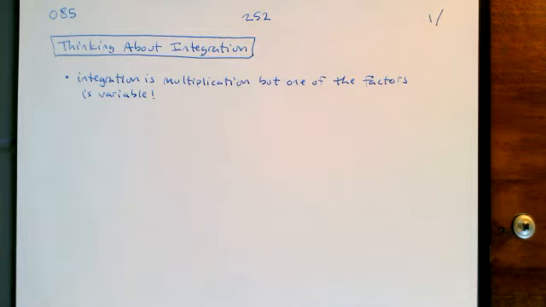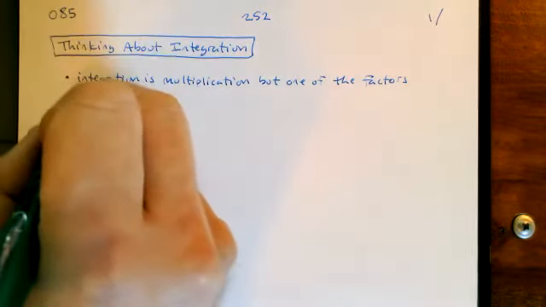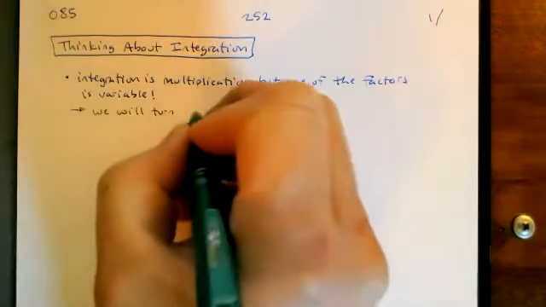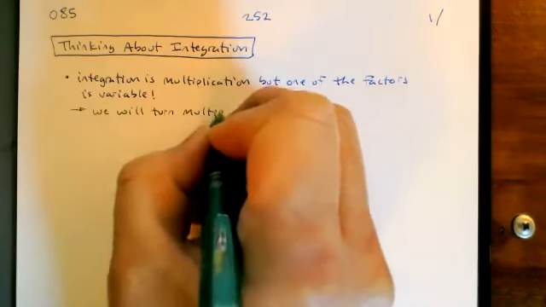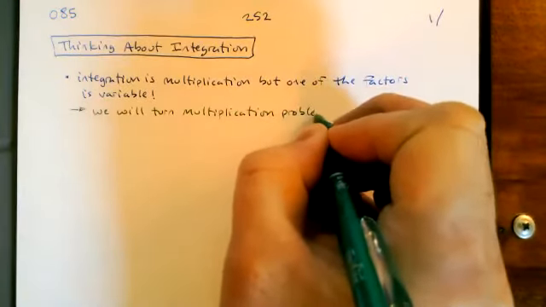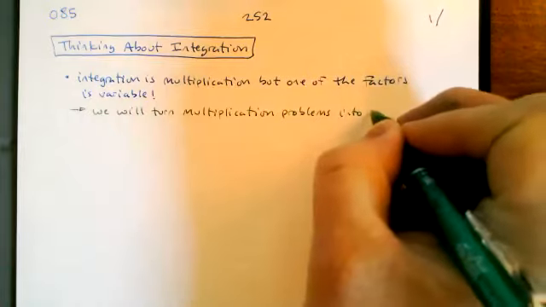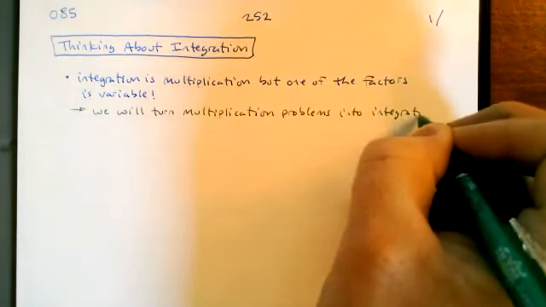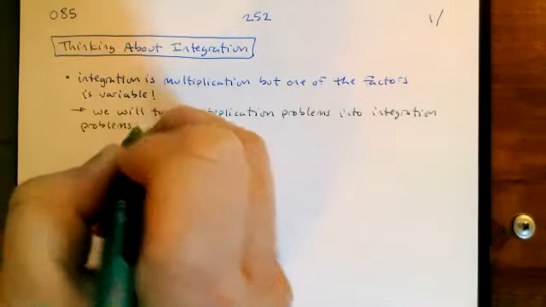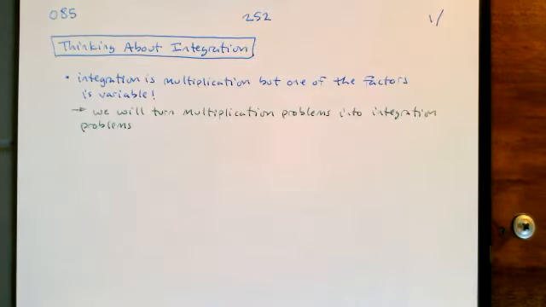So what we're going to do is turn multiplication problems into integration problems. So that's why I want to think of integration as multiplication, but one of the factors is variable.